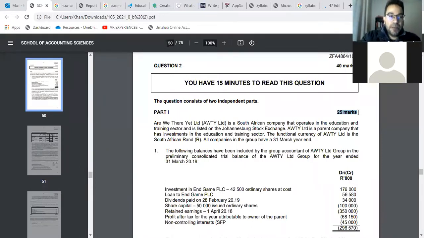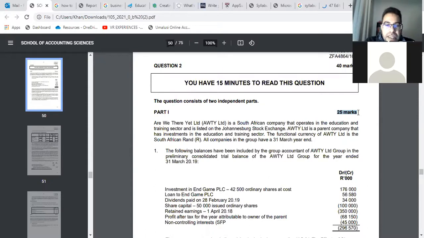We will see what company it is, for which country. In South Africa we have LTD, we have PTY LTD, and we can have other types, but we don't have PLC. PLC is like in the UK, or maybe other countries as well.